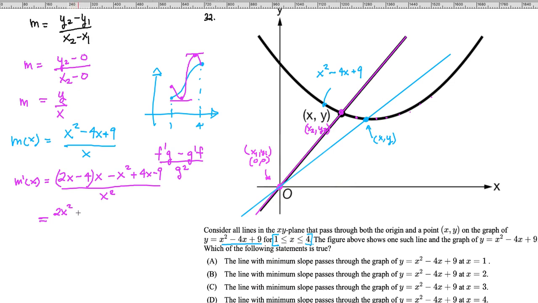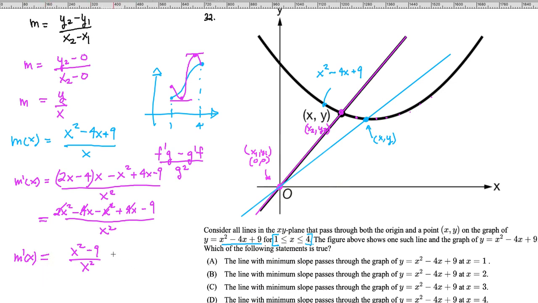So I have x squared minus 4x minus x squared plus 4x minus 9 over x squared. And then this cancels with this, and this cancels with this. I'm left with x squared minus 9 over x squared. And I want to solve for my critical values. I want to solve for when the derivative equals 0.